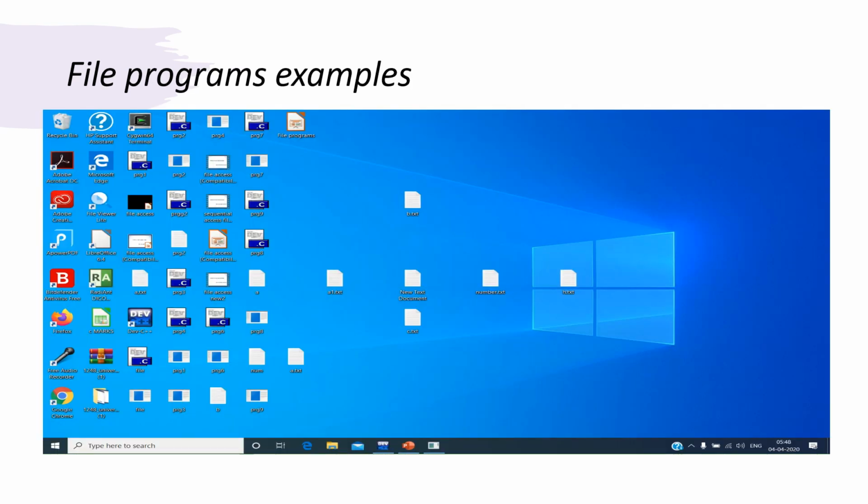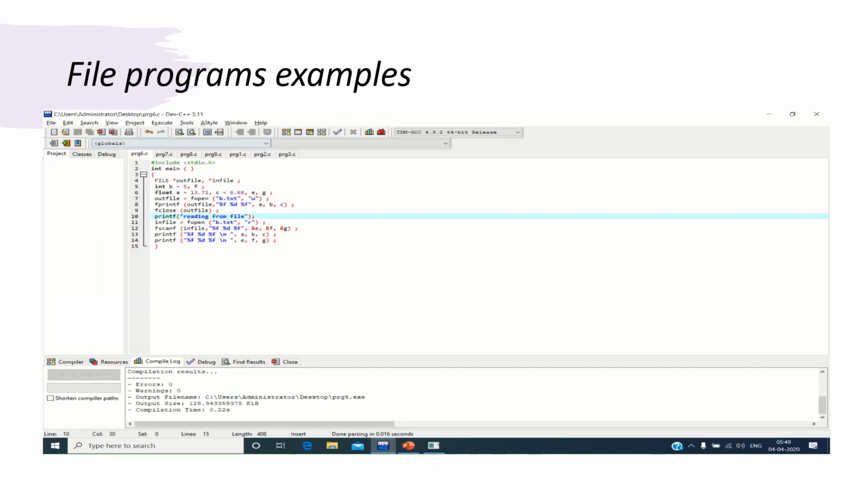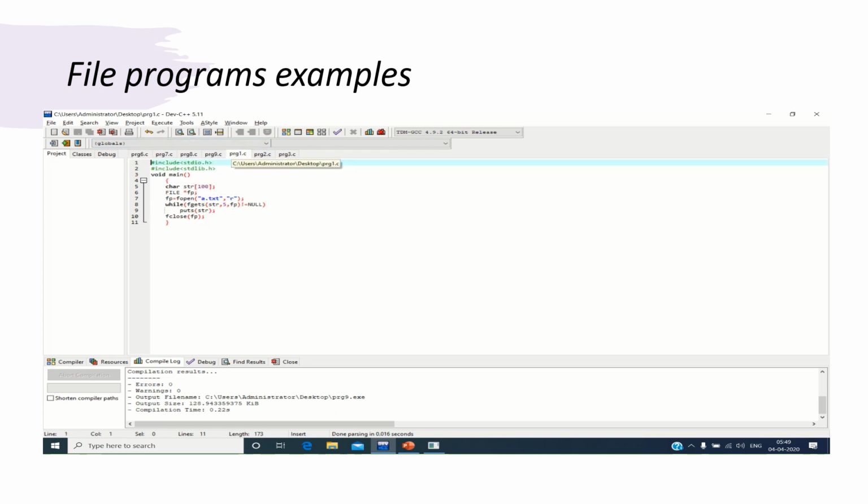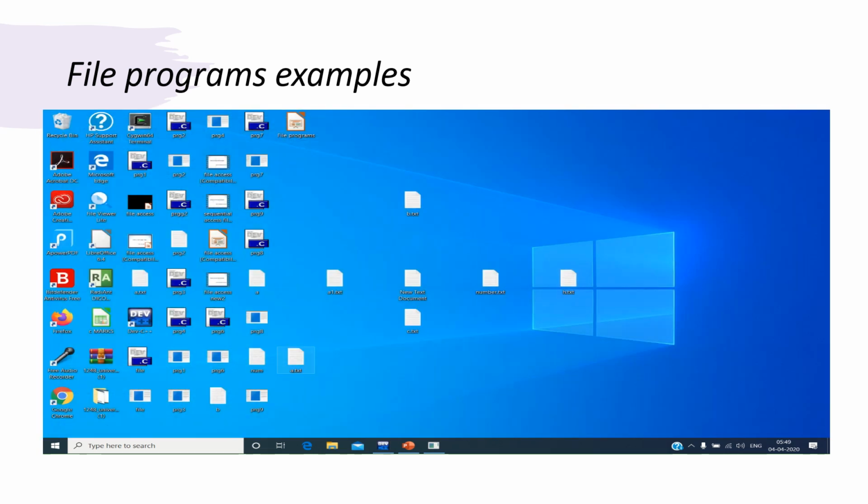Let us see some of the file programs that we have discussed yesterday. The first program is using fgets. You are reading the input from a text file. Here the text file name is a.txt and it has some content. Let me show the a.txt file.